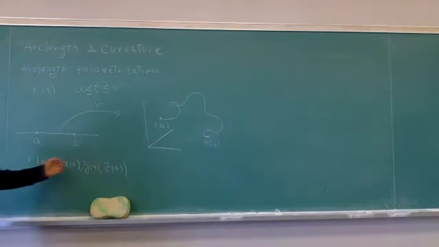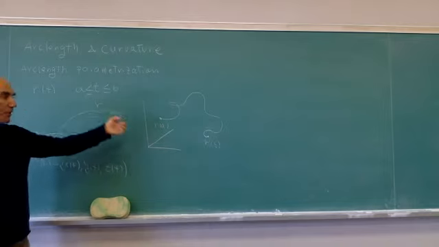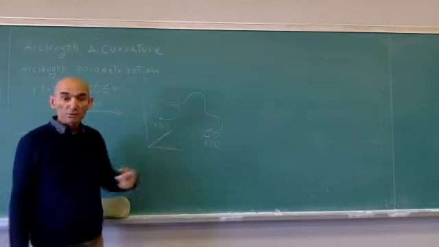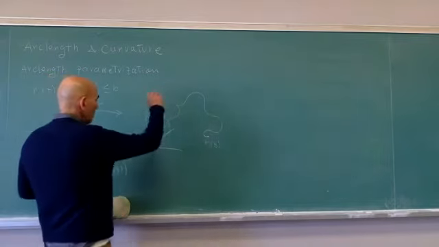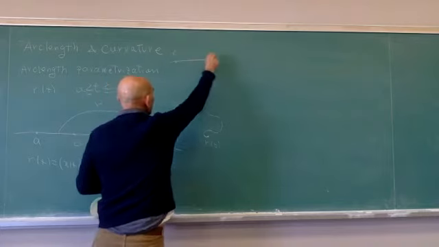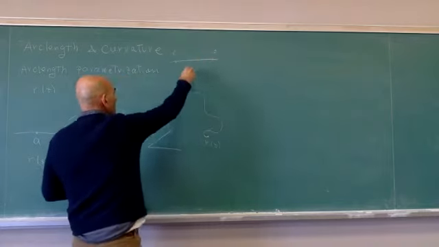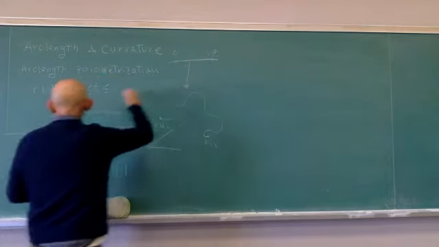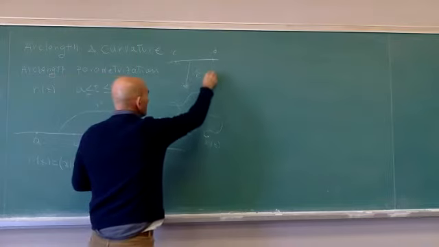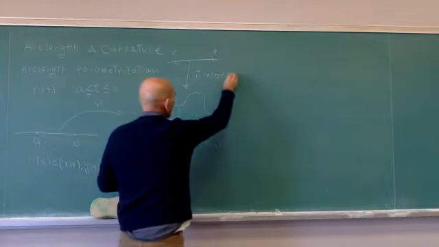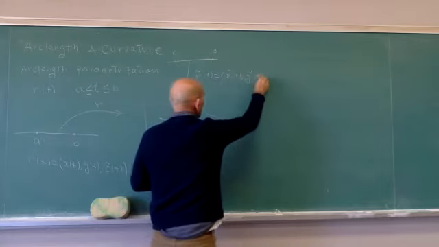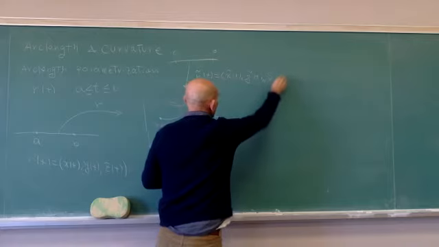What I'm saying is that you can have a different parameterization and still get the same curve. That's quite possible. You can have another parameterization, for example, from some other interval CD, so maybe R tilde of t, which would be x tilde of t, y tilde of t, z tilde of t.